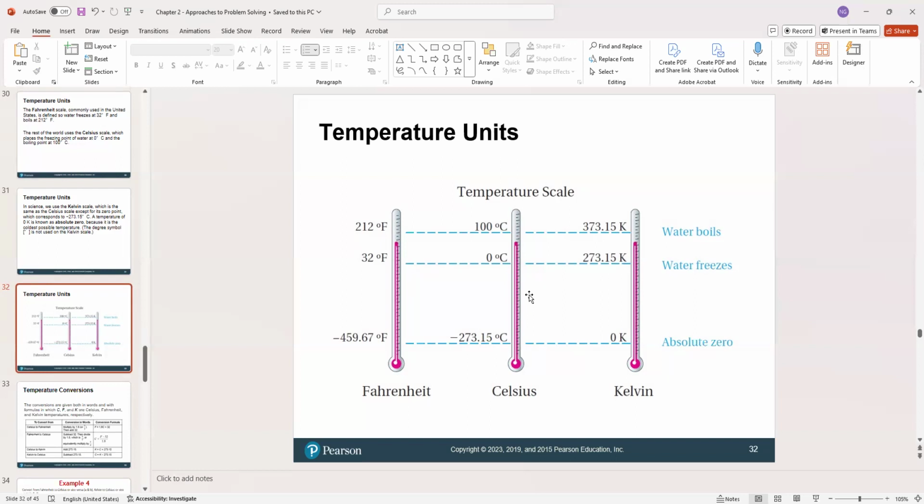You can boil water at a temperature of 212 degrees Fahrenheit or 100 degrees Celsius or 373.15 Kelvin. But absolute zero, just imagine your Fahrenheit goes down to negative 459.67 degrees, right? That's very important.